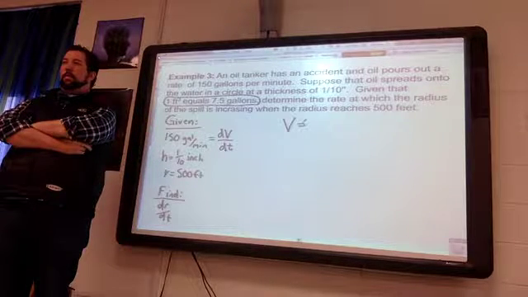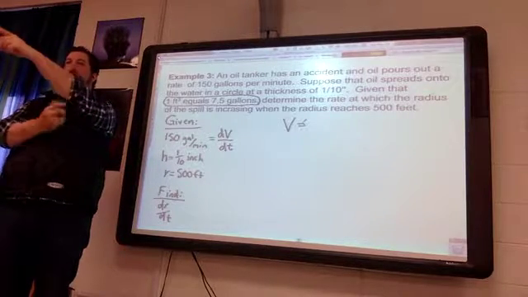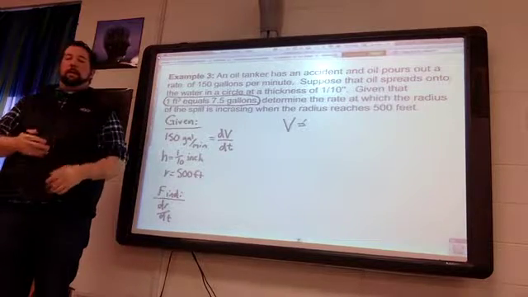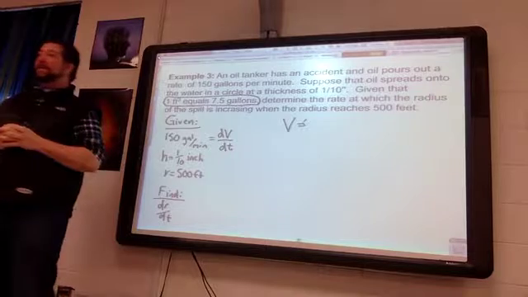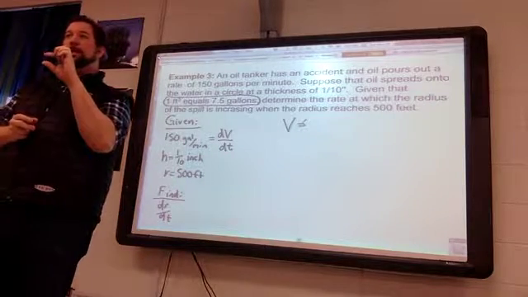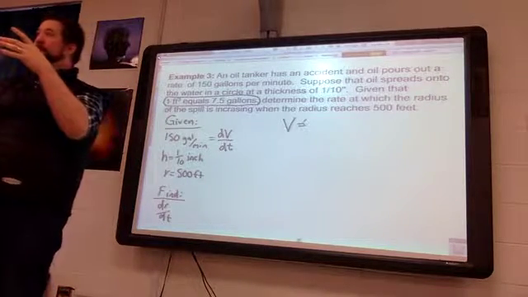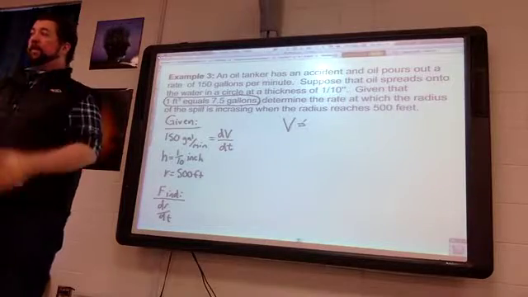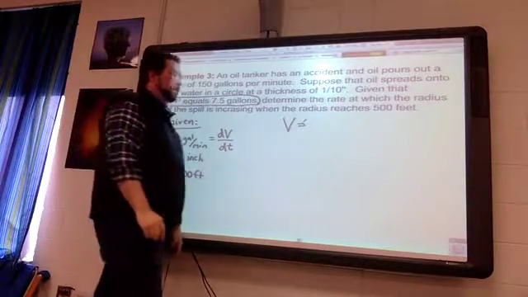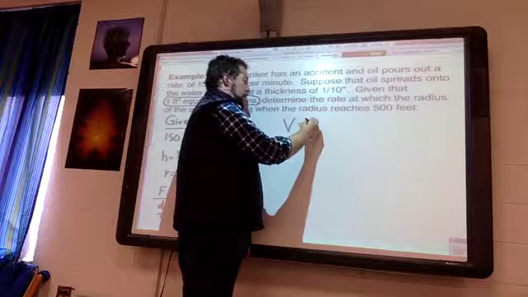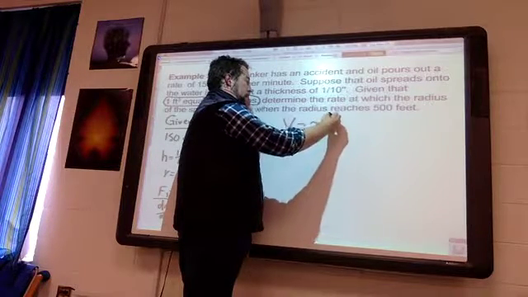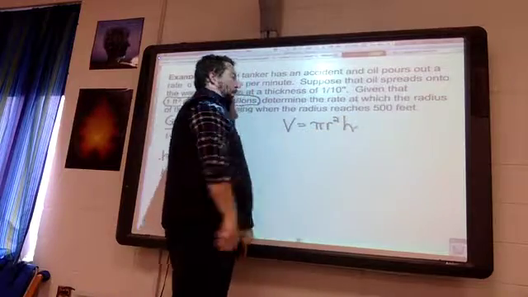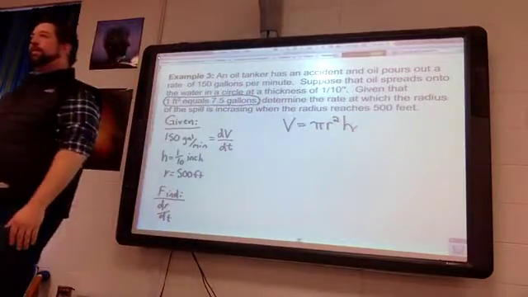It's a cylinder, a very, very short cylinder. It's in a circle, but it has a thickness. Anybody know the volume for a cylinder? Pi r squared h.